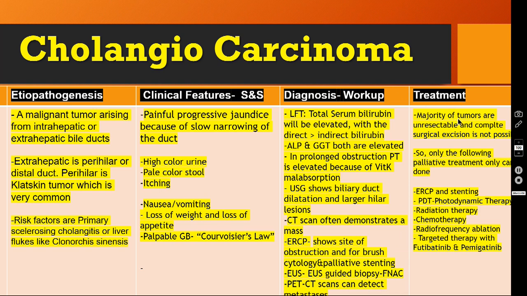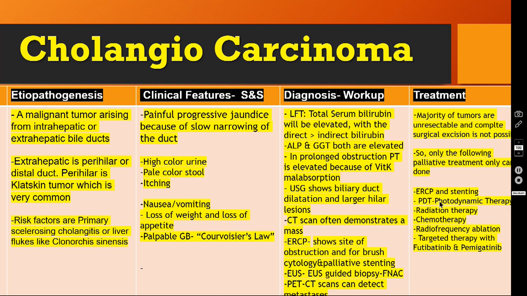Treatment: majority of these tumors are irresectable and complete surgical excision is not possible. So, only the following palliative treatment we can do.